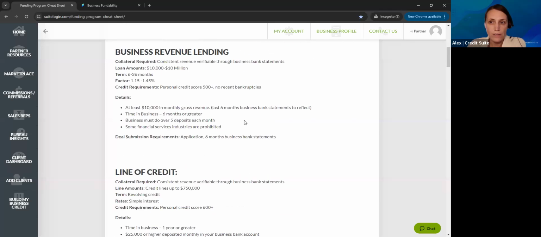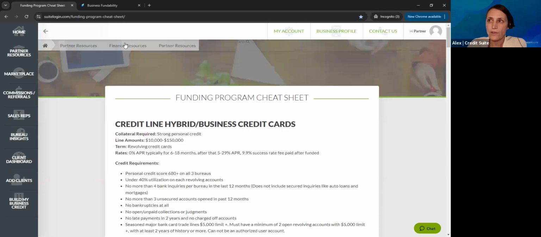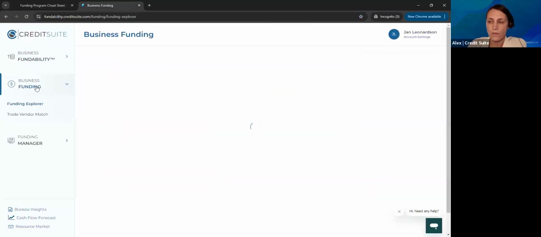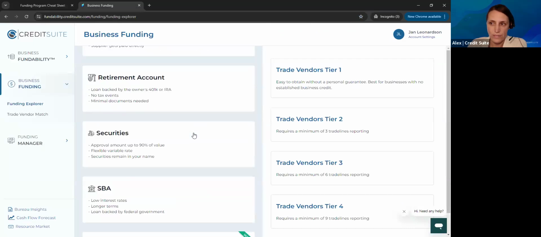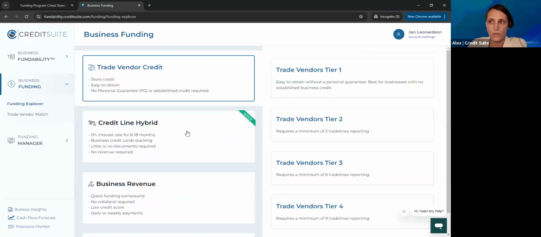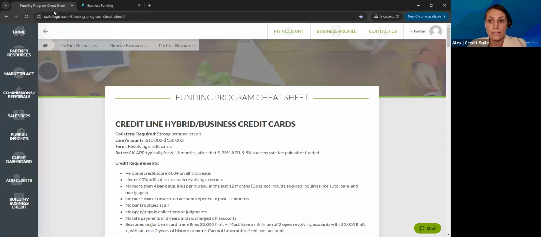When it's a Fundability client, they're going to be able to see that right in their business funding tab. They'll see all the different types of lending and the basic pre-qualifications right in their business funding tab. The advisor team is also going to go over with them on a welcome call what we call the 3 C's: collateral, cash flow, and the credit lend hybrid.